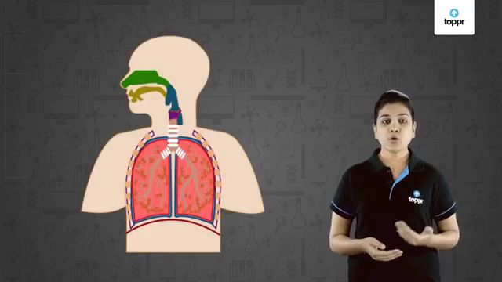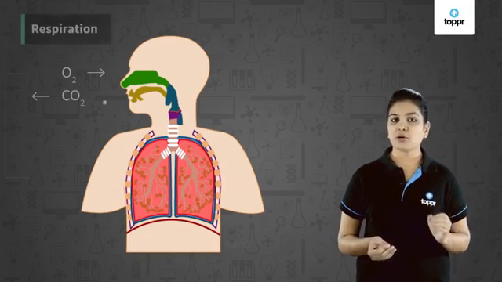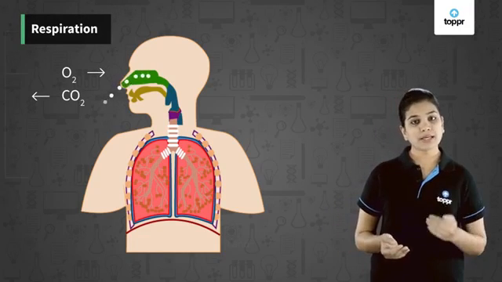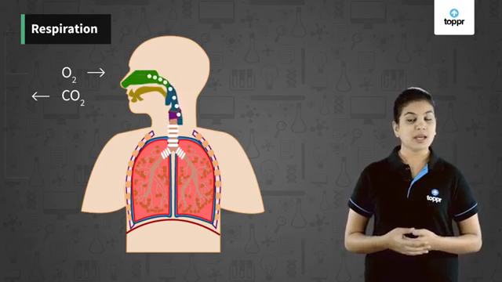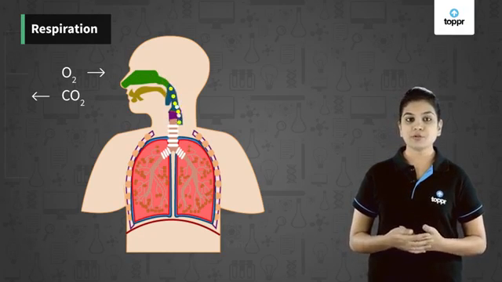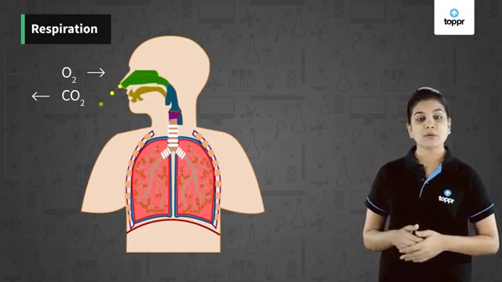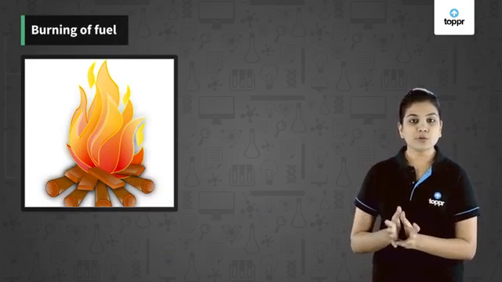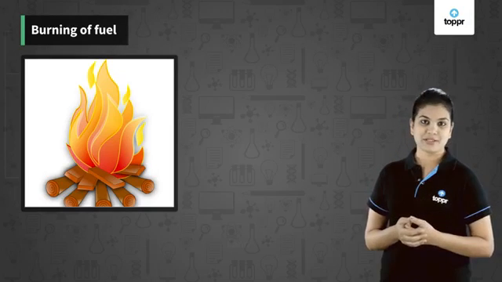Now can you tell me any two processes by which the carbon dioxide is released? Well, as we all know, the living organisms intake the oxygen. So they utilize this oxygen for the production of energy in their body, and as a result they produce carbon dioxide. Also, when we burn any kind of fuel, it also results in the production of carbon dioxide.